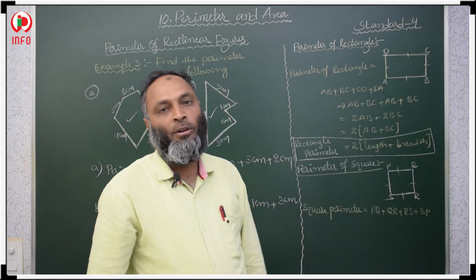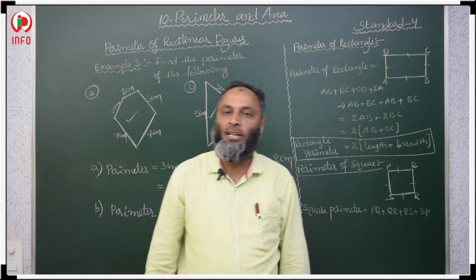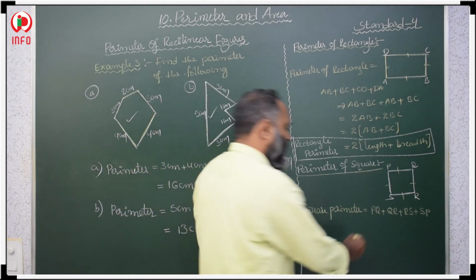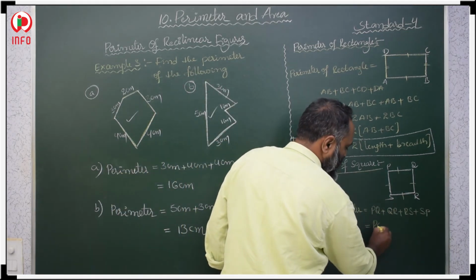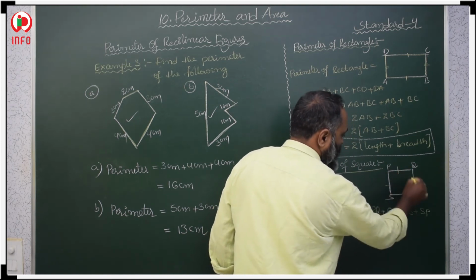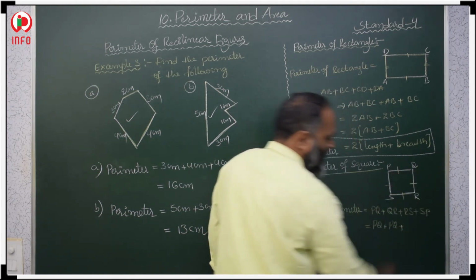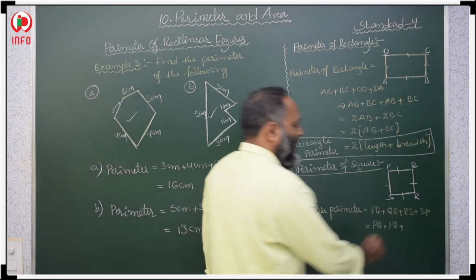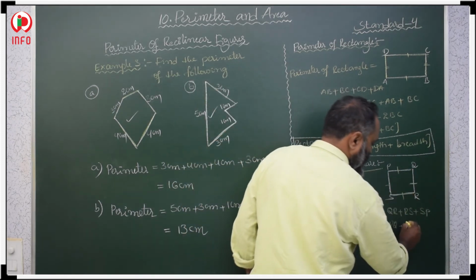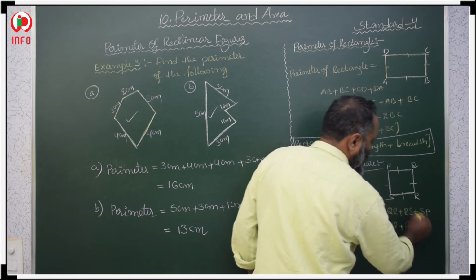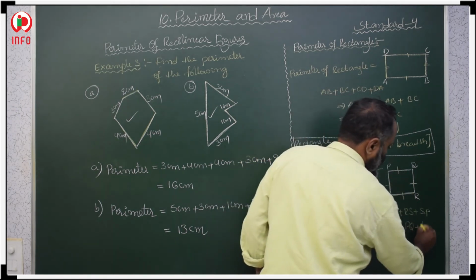In a square all 4 sides are equal in length. So PQ length is QR length. Instead of QR we can take PQ, because both lengths are the same. For RS we can take PQ, and for SP also we can take PQ.